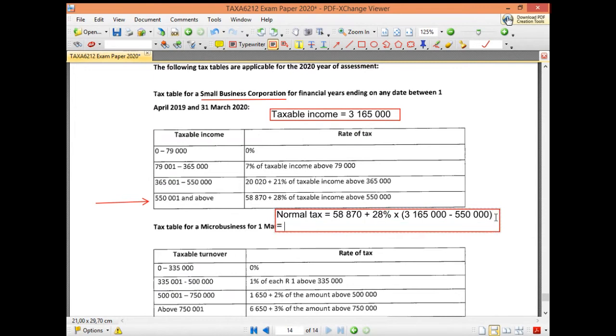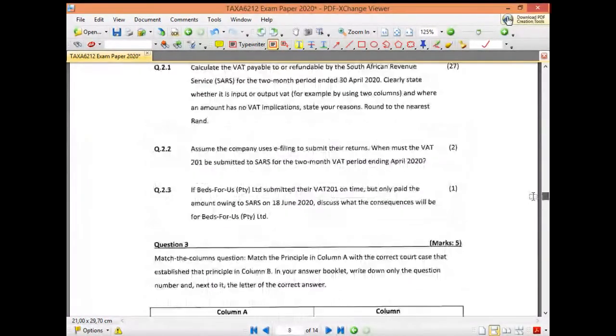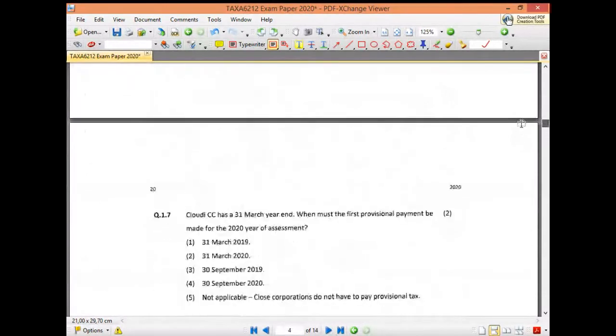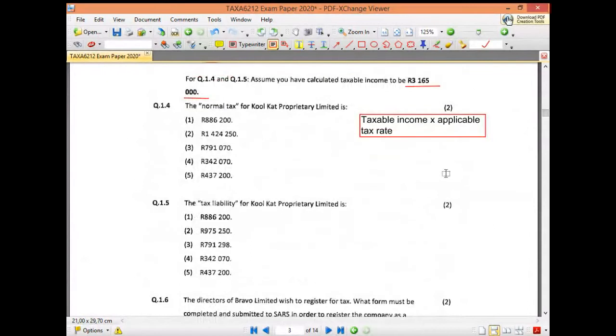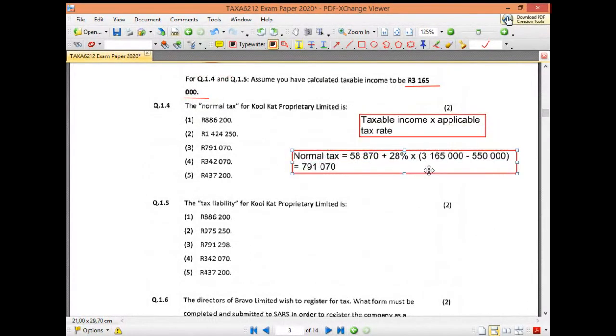And that should give you an amount, if you go work it out, of 791,070. I'm just going to scroll up again. I'll put the calculation with the question again. Okay, so that means this is how you do your calculation. Now, if we look at the table, that means number 3 is the correct answer.